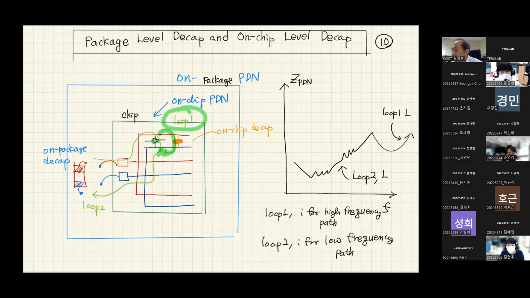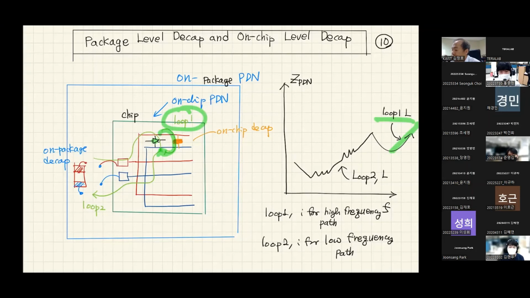This loop size will be determined by the grid size and the distance from your transistor switching circuit and decoupling capacitors. To reduce this loop 1 size, you have to put on-chip decoupling capacitors as close as possible to your switching transistors. That will control the inductance of loop 1. That is the design rule.